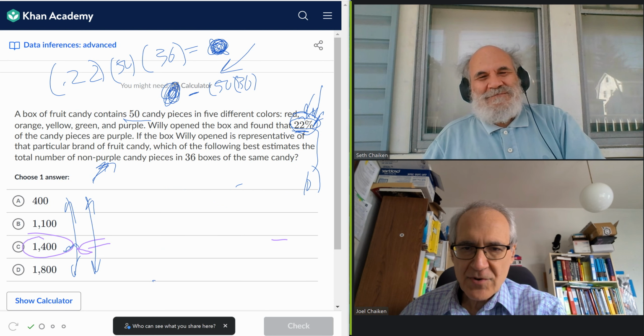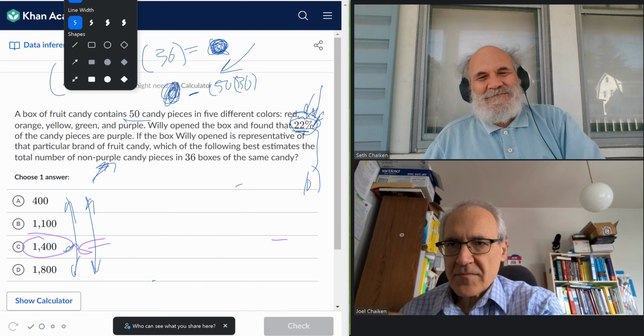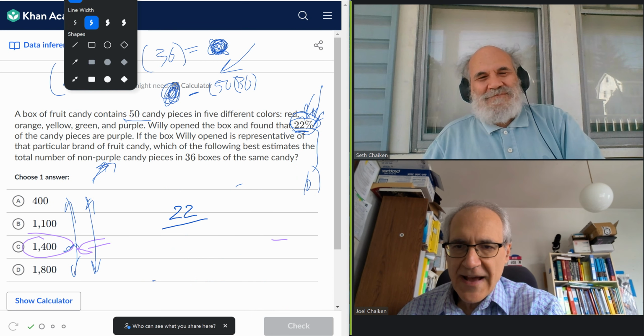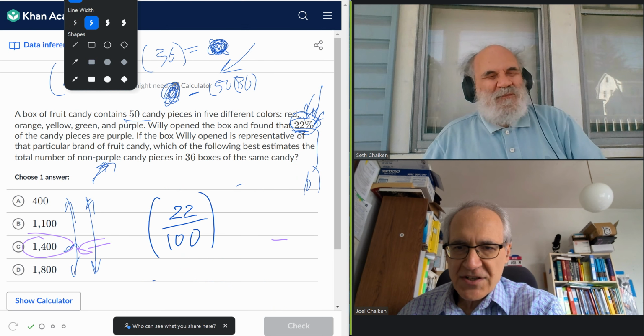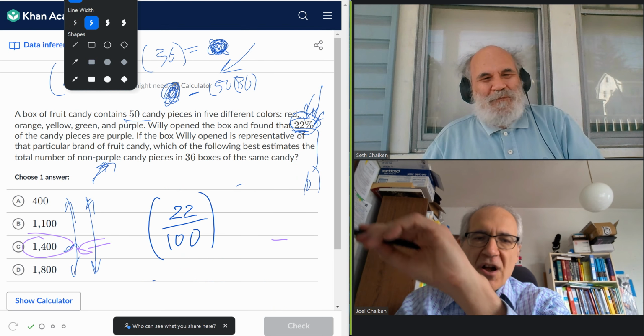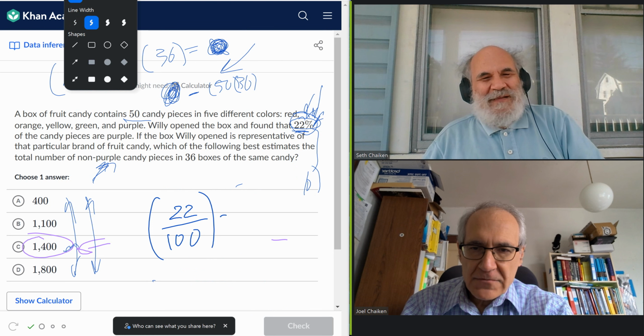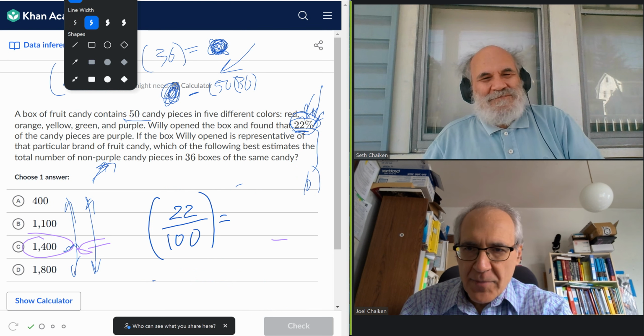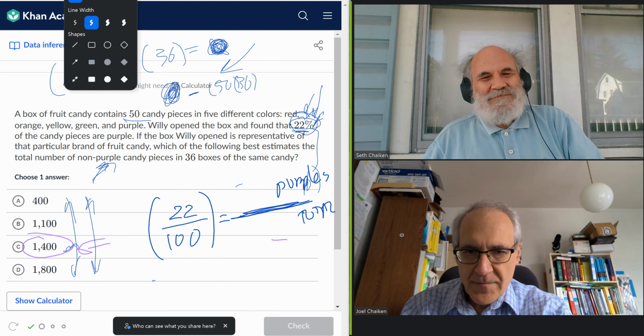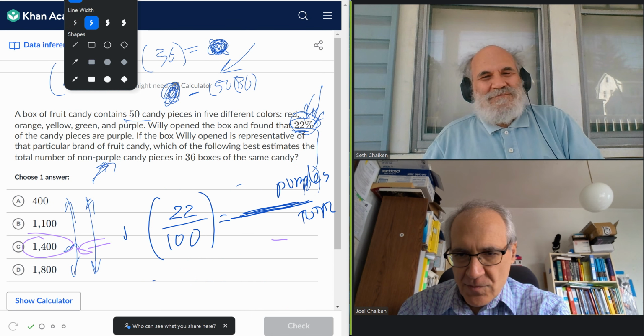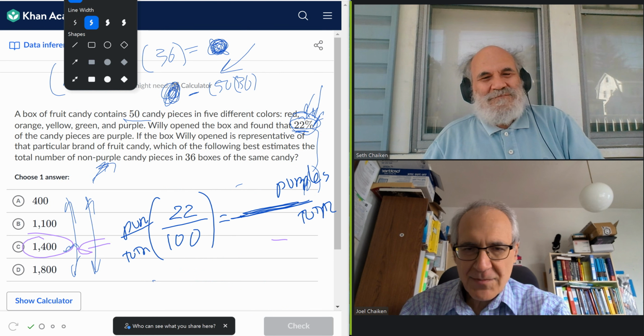You've got 22 purples out of 100 total. That's what 22% means.